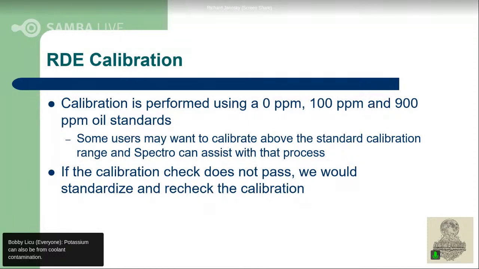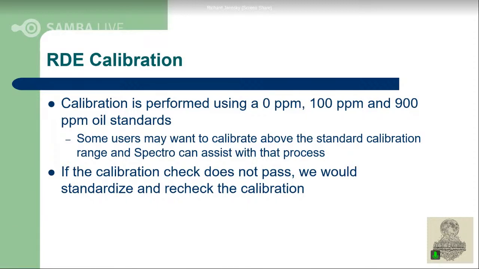Each day you have a daily check where you're running the standards, making sure that it gets the correct reading and you're ready to go. Note that some users may want to calibrate above the standard calibration range that we have listed there of 0, 100, and 900. If a customer would choose to do so, that is something that Spectro can assist with in that process to set you up with that.